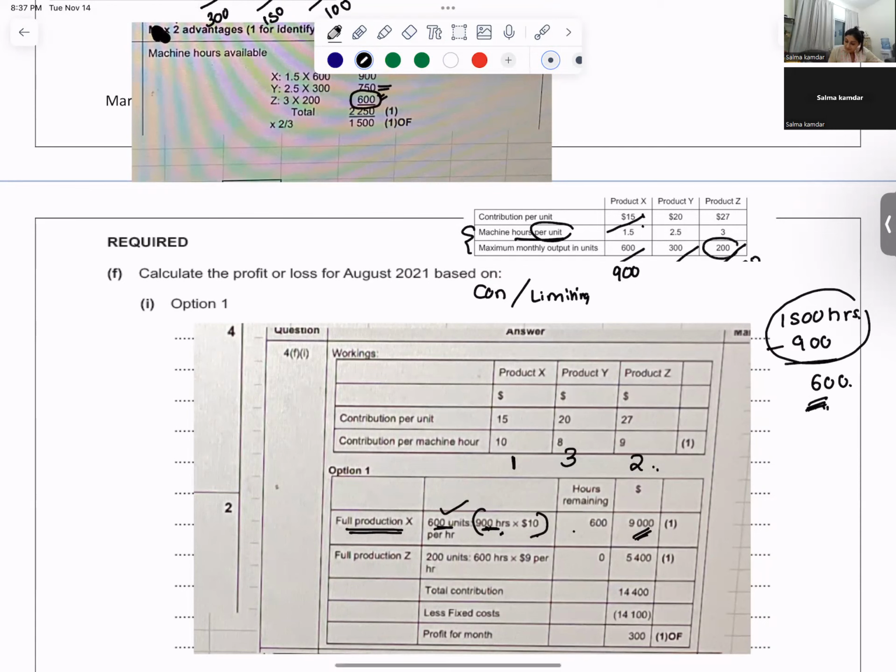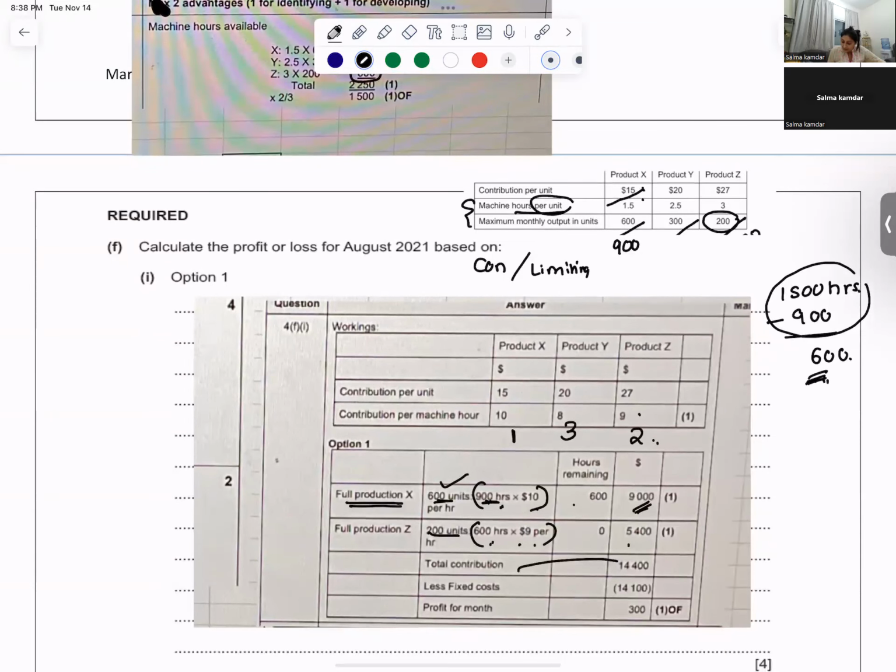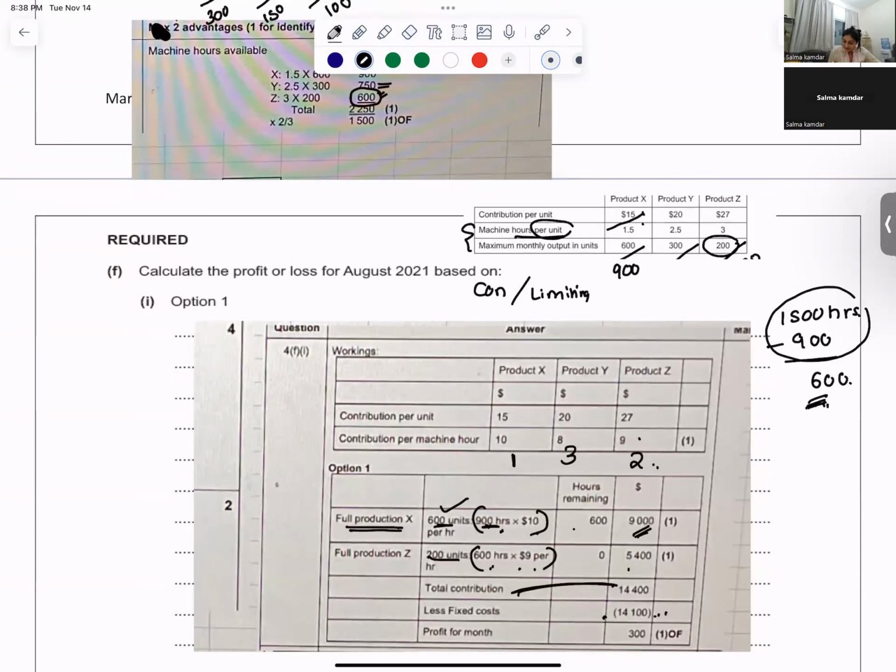So I can produce 200 units of product Z. So 600 hours into what is the contribution that I'm going to get? 9. So 600 hours into 9, I'm going to get 5,400. My total contribution will become 14,400 minus my total fixed cost, that is 14,100. I will get profit for the month 300.